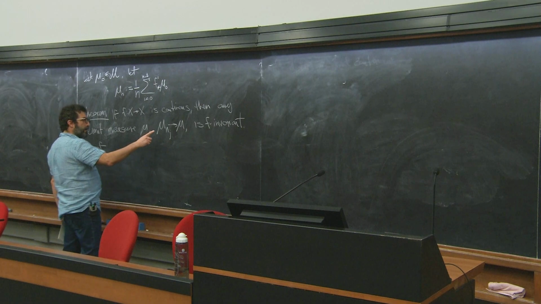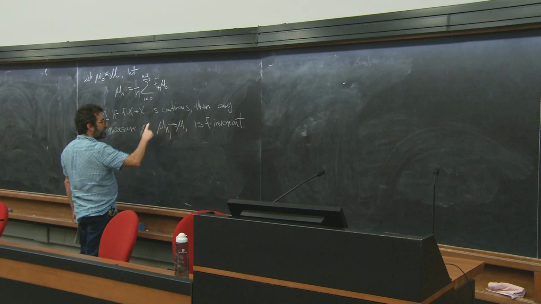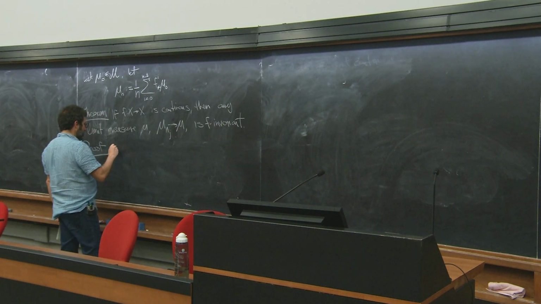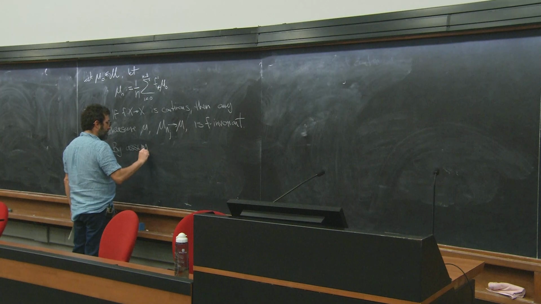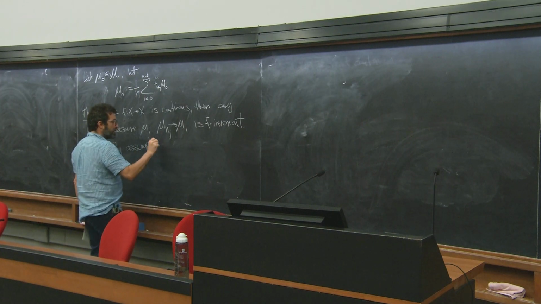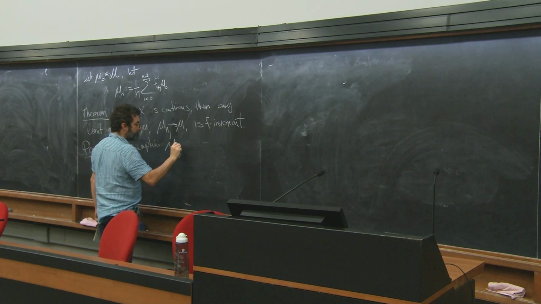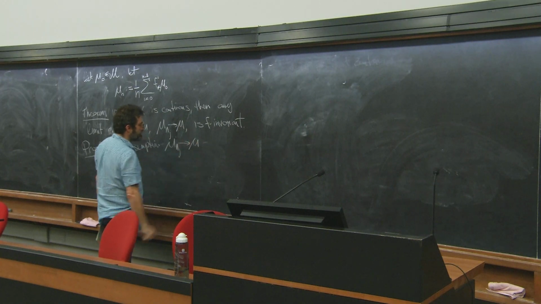So by assumption, we have this condition here, right? So by assumption, we have some limit point, mu n converges to some measure mu.